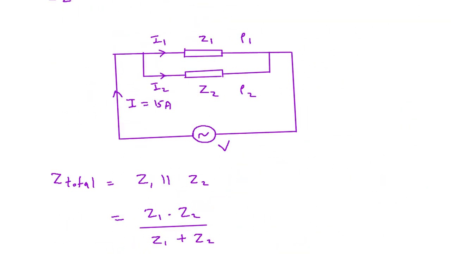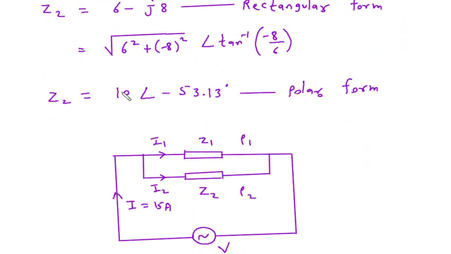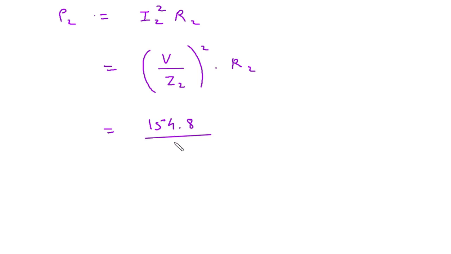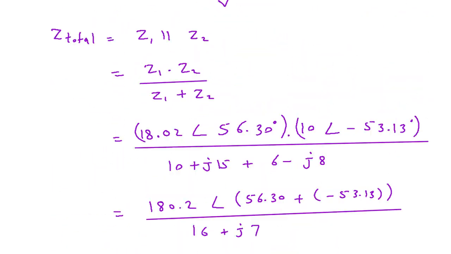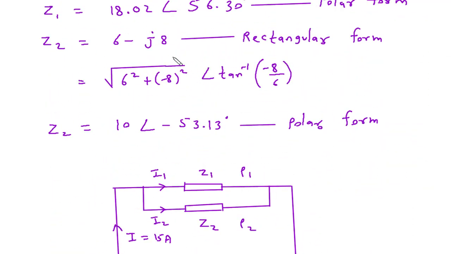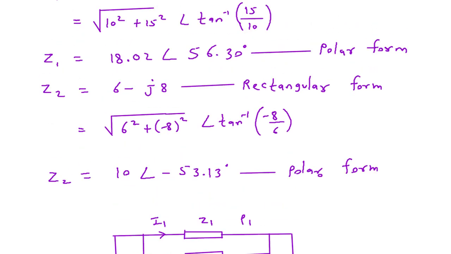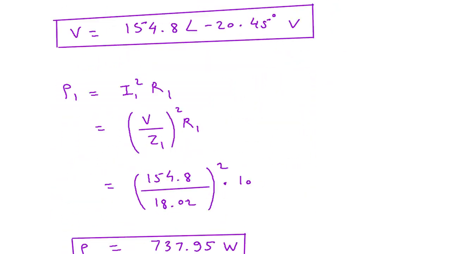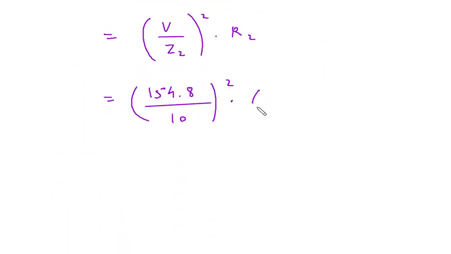Now the magnitude of Z2 will be this value 10. Now it is square multiplied by R2. R2 will be this value 6, because it is resistance. So we have to multiply this by 6.